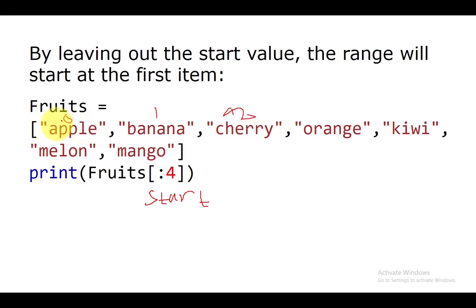We start from 0, 1, 2, and 3. These are the values that will be printed out, because we signify where to stop, which is here, 4, kiwi, which will not be printed out. The values we're going to have are apple, banana, cherry, and orange.